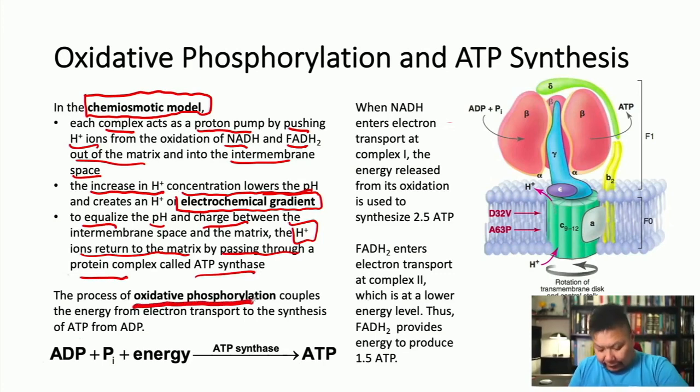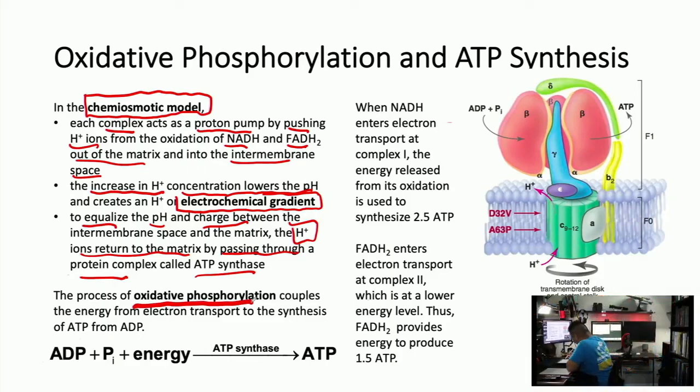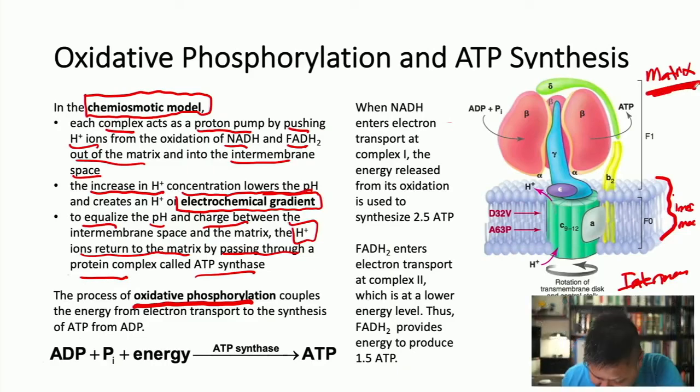Because if you take a look at the picture over here, which I apologize, is upside down now, we have the matrix up here, and over here we have the intermembrane space, right? And here we have the inner membrane. So it's upside down now, but the protons are being funneled back into the matrix up here, right?